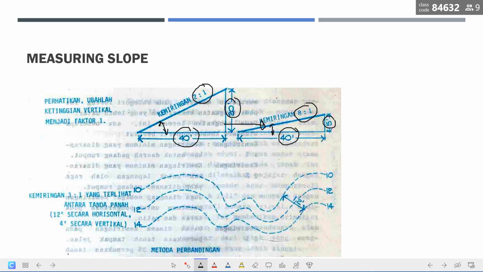So you can find out this distance by measuring the distance between the contour lines.